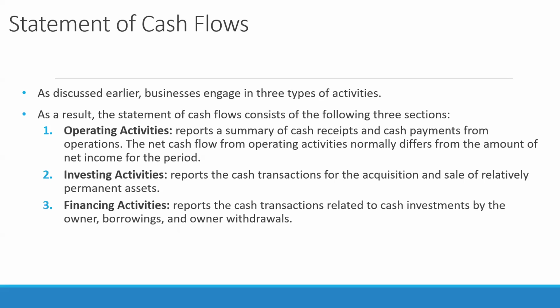The money that you get from the bank would be cash received from financing activities. The interest payments would be an operating activity because they're an expense of the business. But actually repaying the loan when it's due, the principal balance on the loan, that would be a financing activity. Paying back the loan is a financing activity. Making the interest payment would be an operating activity.